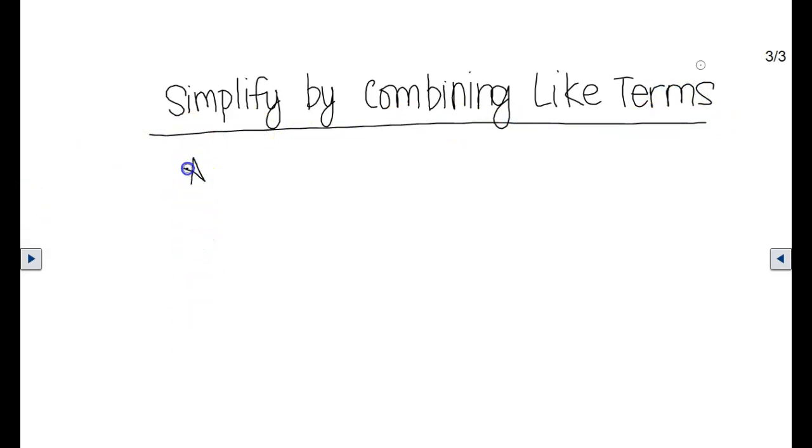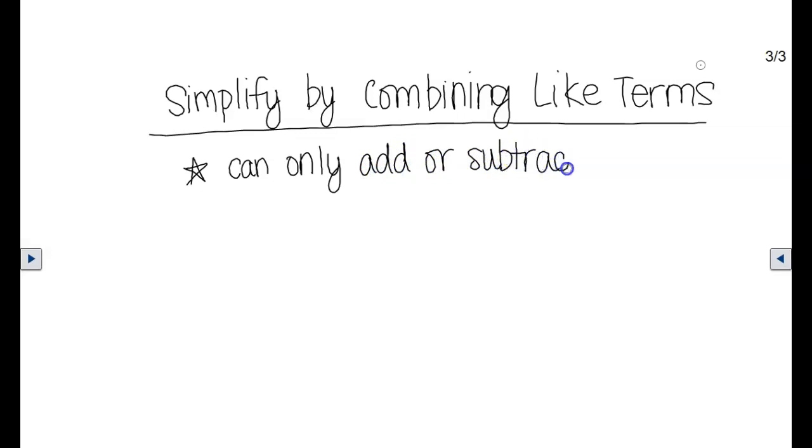And here is what all of this depends on. You need to know that you can only add or subtract like terms. So let me show you just some little simple examples to show you what I'm talking about here.